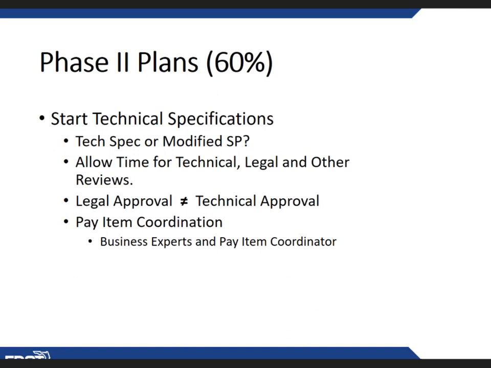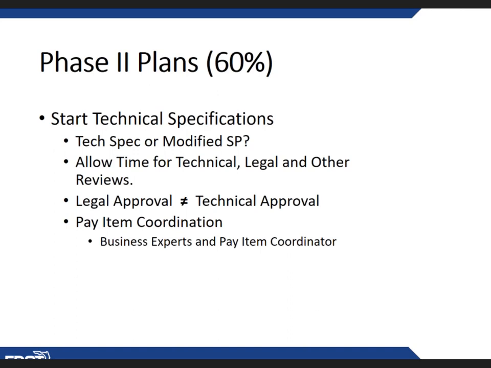And that's one of the things. If you have an item that's not covered by a spec, or it needs to be modified, it's going to take time. At 60%, you need to start those technical special provisions. And again, allow time for those reviews.